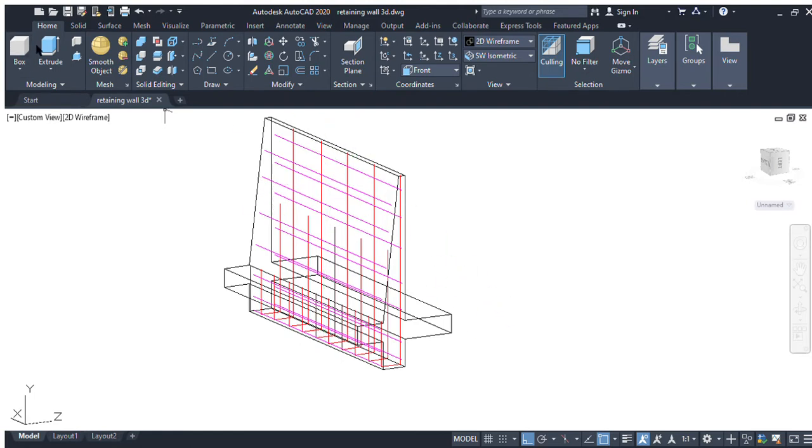Next, we provide the vertical bars also. These are the vertical bars in the cantilever retaining wall. Okay. Next, all the stem portion reinforcement should be completed.